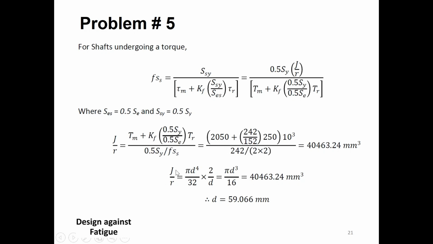This value, based on this equation, is equal to 40,463.24. So if we equate pi over 16 times the diameter cubed to this value, we can find the diameter of the shaft. It's 59.066 mm, but for ease of manufacturing we can consider it as 60 mm.